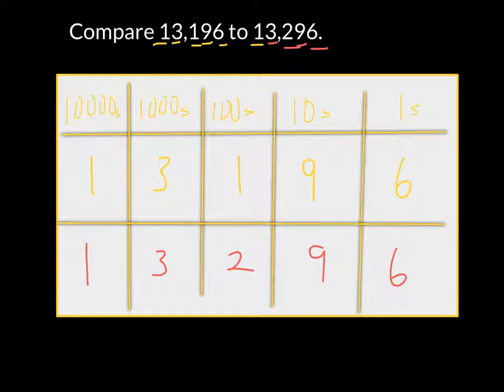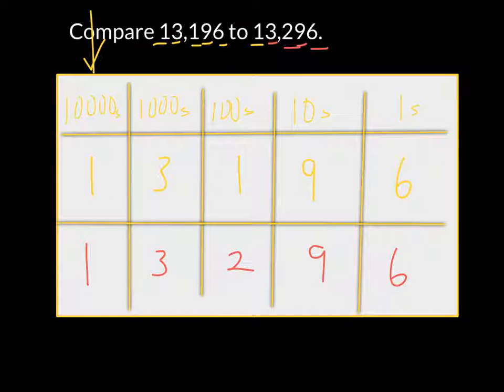Now I'm going to take a look at both of these numbers, and I'm going to start over here in the column on the left because that's where the greatest numbers are. It doesn't really matter if the numbers in the smaller places are different unless the numbers in the greater places are the same. So I want to check and see where they're the same and where they're different.